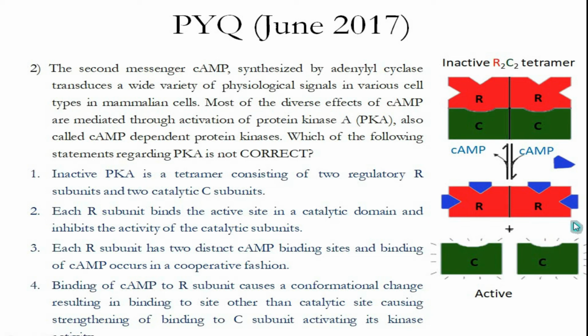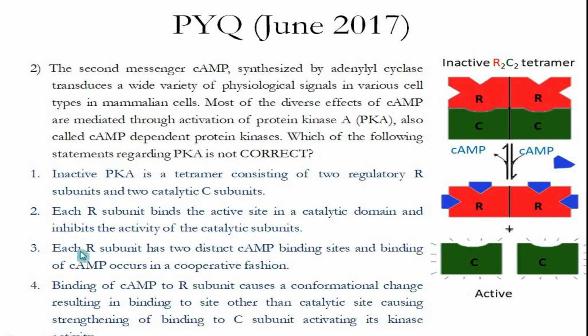So we can check these options. Inactive PKA is a tetramer consisting of two regulatory R subunits and two catalytic C subunits. So here the option is correct. Second option, each R subunit binds the active site in a catalytic domain and inhibits the activity of the catalytic subunit. Yes, this option is also correct.